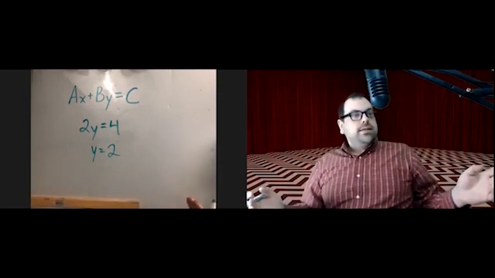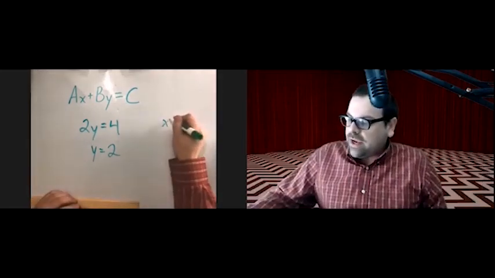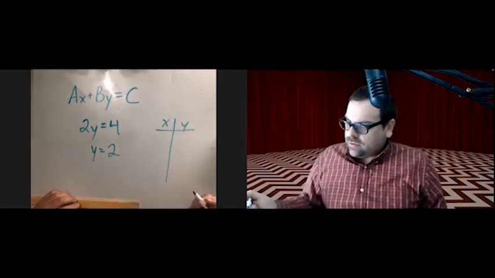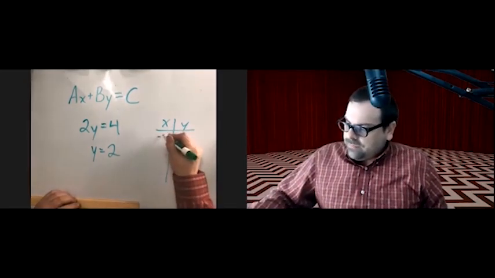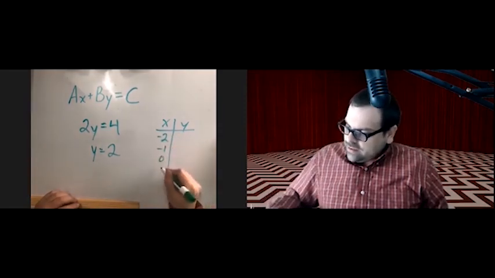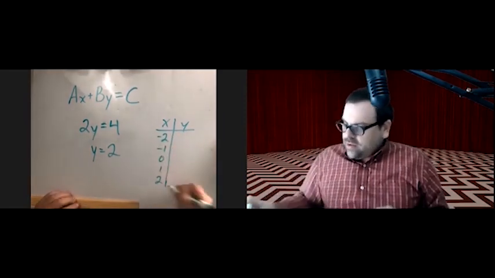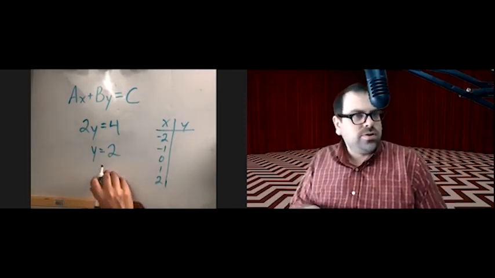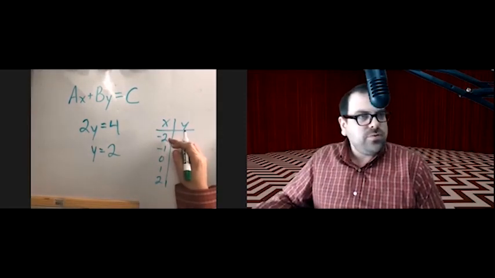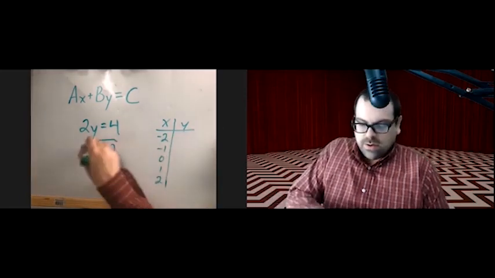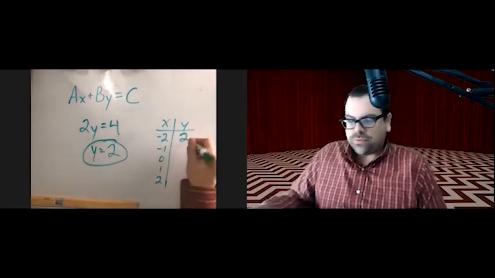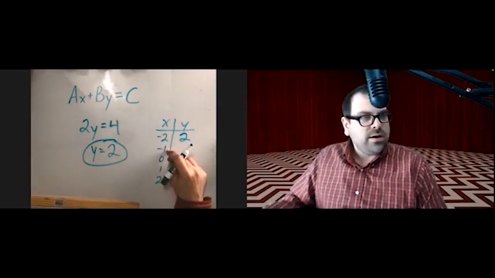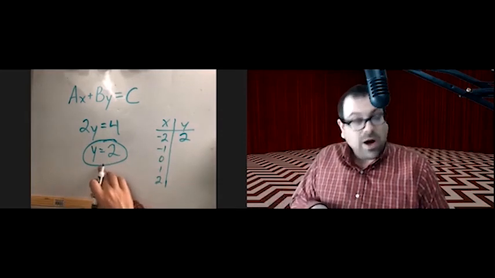But there's no x here. So if we were to make an XY table and plug values in, there's actually nothing to plug our x's into. So when x is negative 2, guess what? y equals 2. Well, what about when x is negative 1? y equals 2.